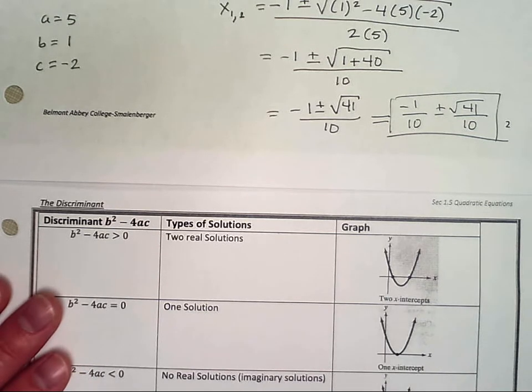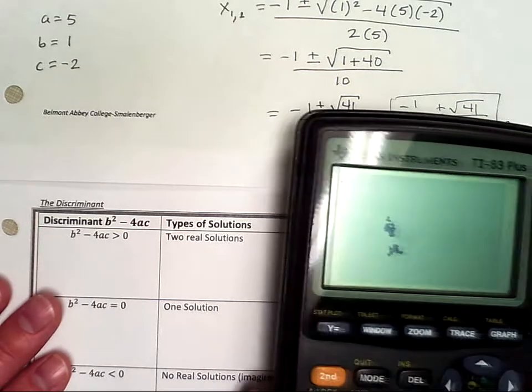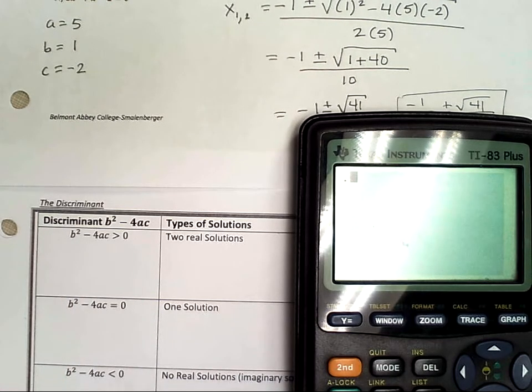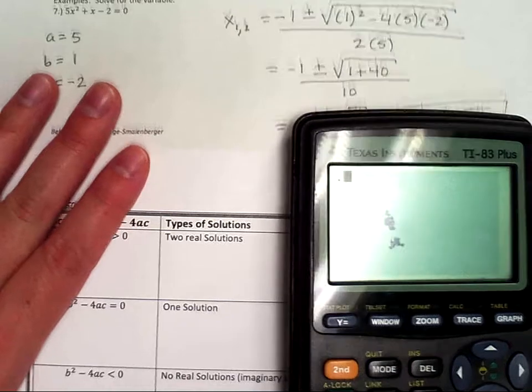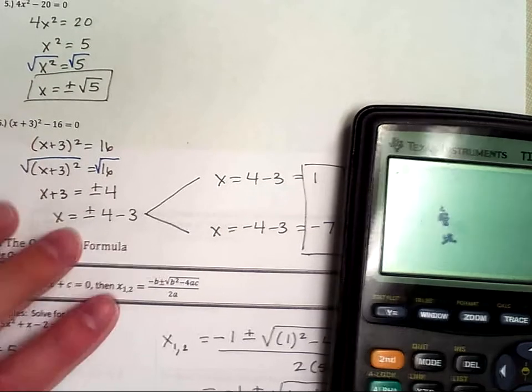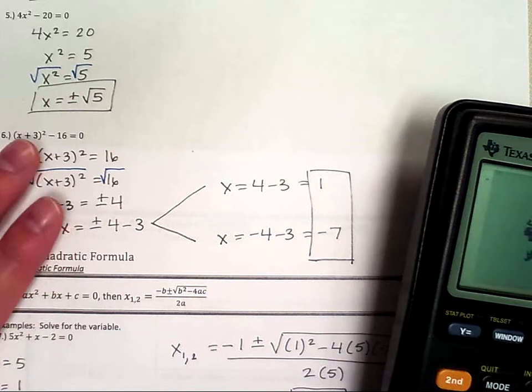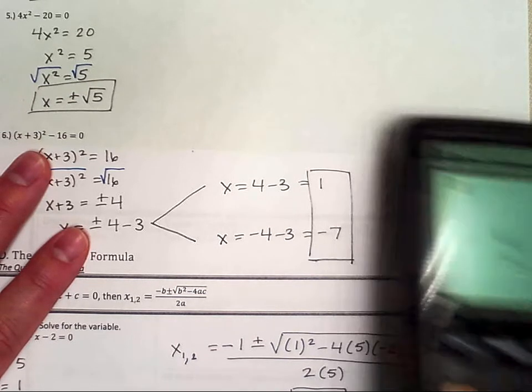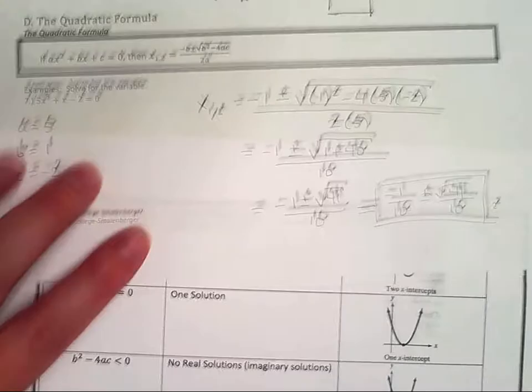Is there a way to locate x-intercepts in your calculator? Let's do it for number 6. Can somebody show me how to find x-intercepts in my calculator? Okay. Well, it looks like you guys can have something to Google then.